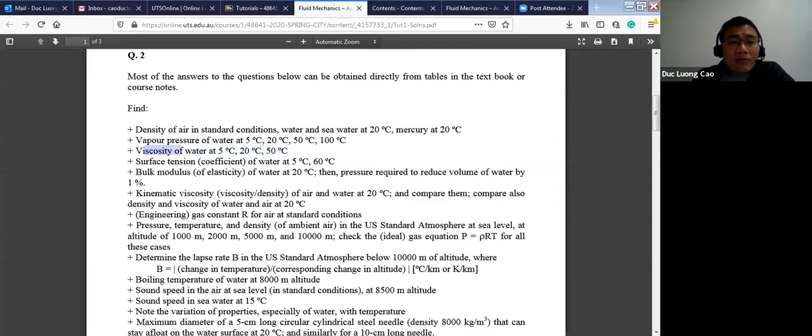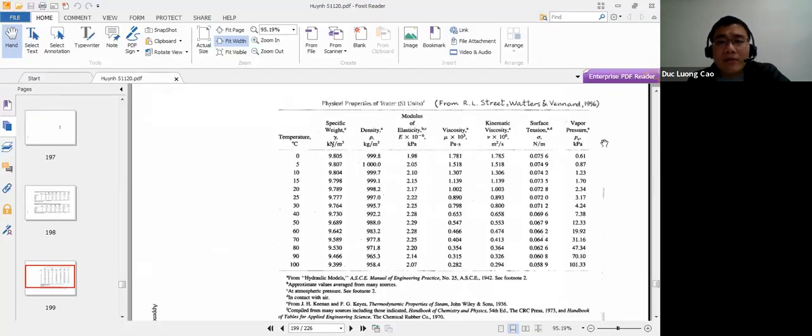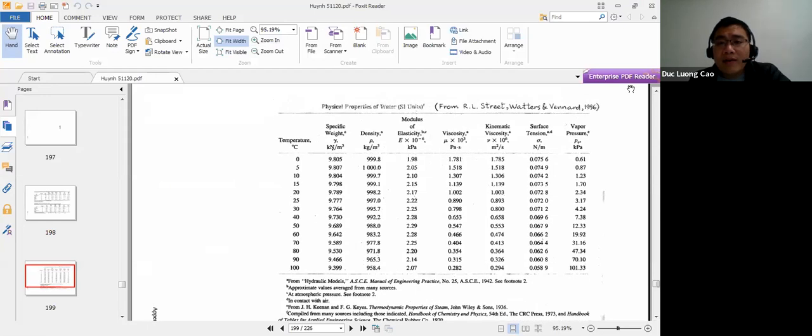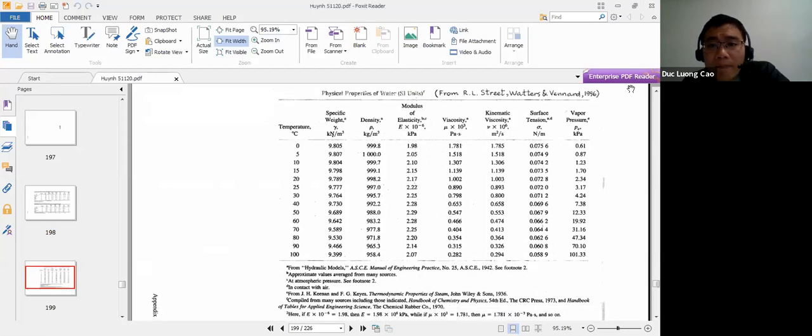In question 3, you have to find the viscosity of water at 5, 20, and 50. Okay. Yeah, this table, viscosity and kinematic viscosity. But remember that you see viscosity times 10 to the power of 3. This one is viscosity times 10 to the power 3 equal to this value.